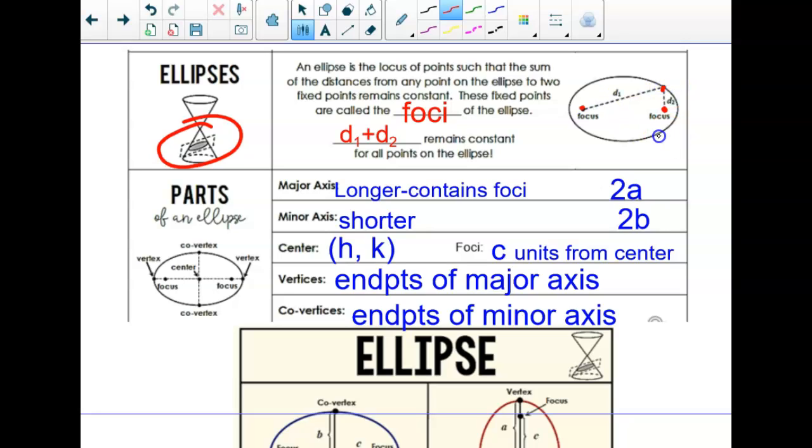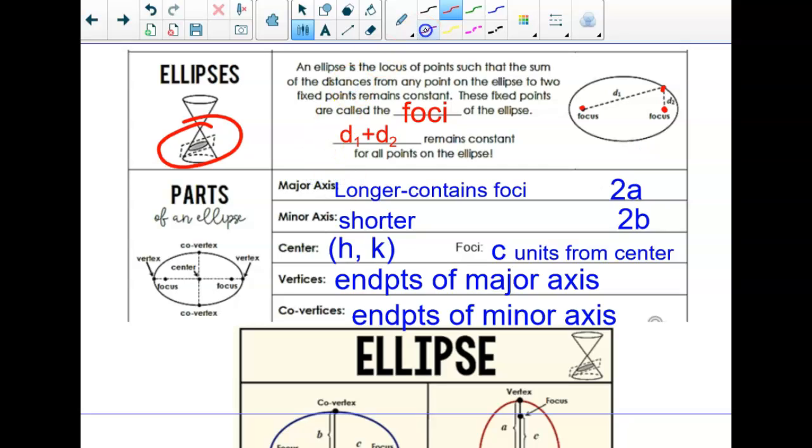So what stayed constant on my picture over there? The piece of string, right? The piece of string didn't get any shorter or longer. That's the definition, okay? So the piece of string stayed the same distance. When I moved the foci closer, I got a different shape, but the constant was always the length of the string.